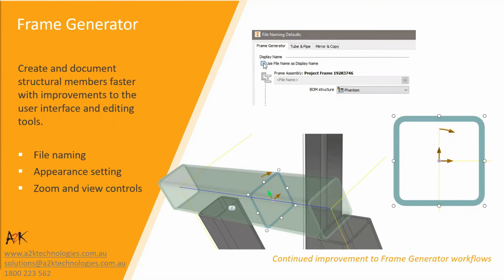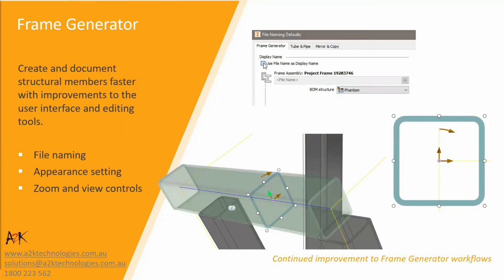The apply appearance to part option has been added to the advanced settings menu for insert, change reuse, and change, enabling the new option to make the frame parts the same color as the assembly. As you probably all know, previously the frame parts did not use the assembly appearance color.